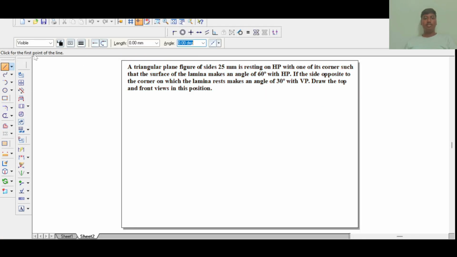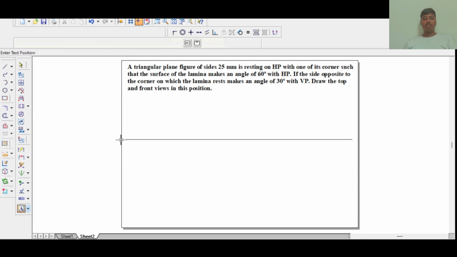So let's start the question by taking normal lines, and then draw an XY line, and then name it. As it is a triangular lamina of sides 25 where just one side is given, we consider it as an equilateral triangle.